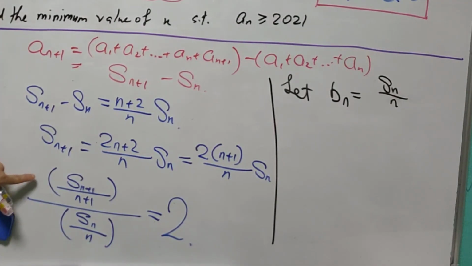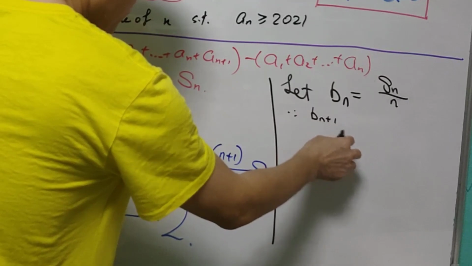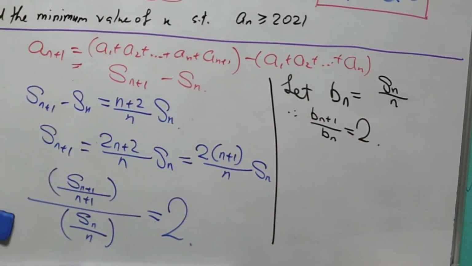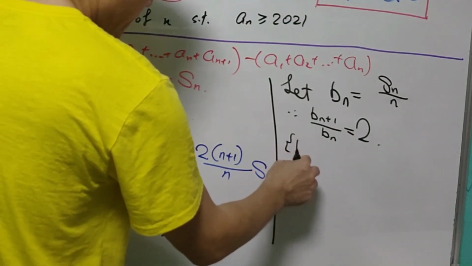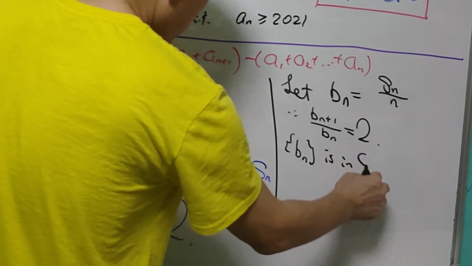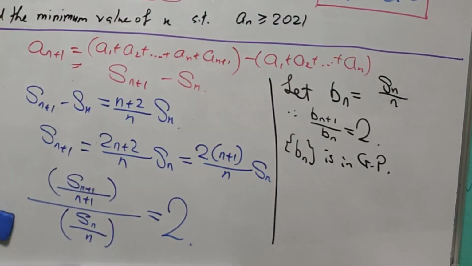This means that b(n+1) over bn is equal to 2. And this means that bn is in geometric progression. Since bn is in geometric progression, then we know that bn is equal to a r^(n-1), where a is the first term.